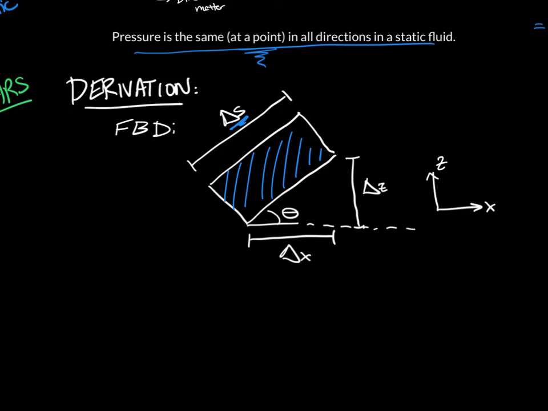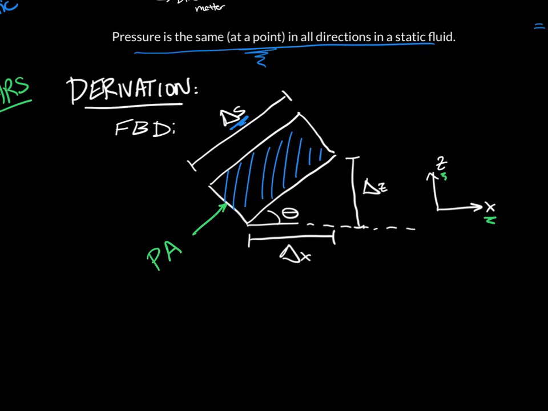I'm really only going to concern myself with directions X and Z, and I want to think about things that are moving in the S direction. So S is just some random direction, an angle theta from the X direction. On the back of this thing, pushing it along, is some pressure multiplied times some area. So that's a force, pressure times area.